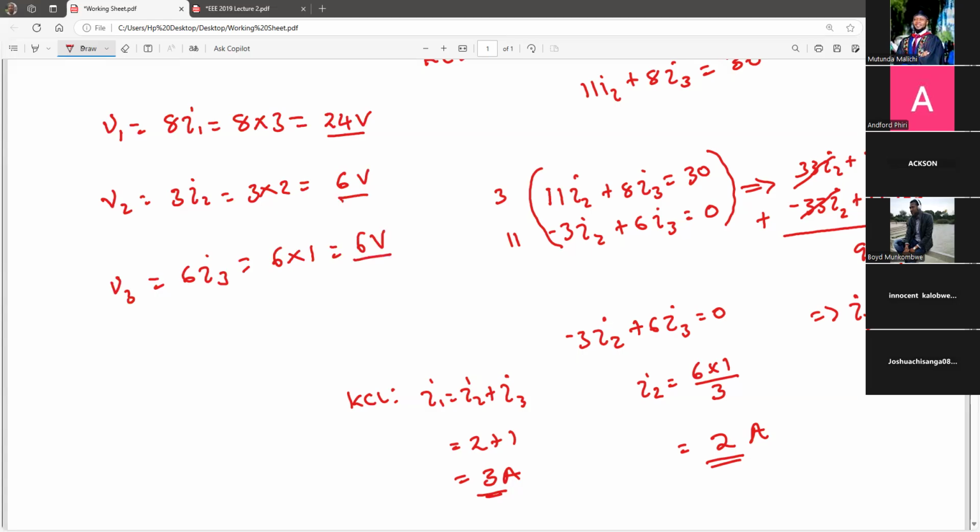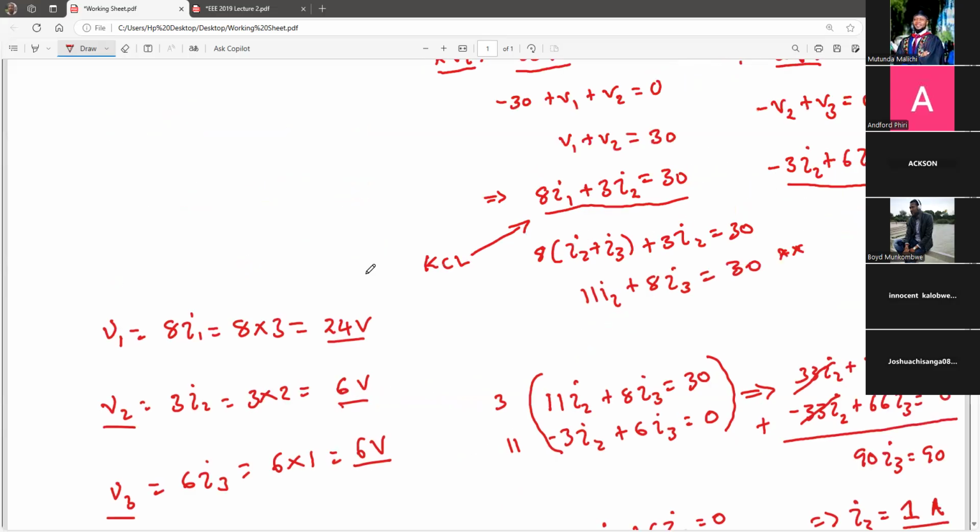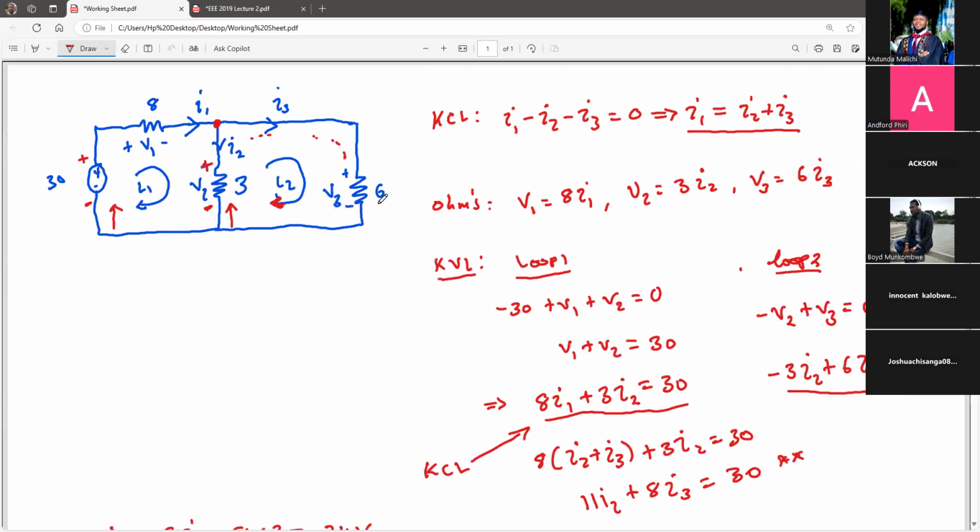I think we've mentioned that when two branches or elements are in parallel, they must have the same voltage. So if you look at V2 and V3, they are the same, which should be the case, because the 3 ohm and the 6 ohm resistors are connected in parallel.